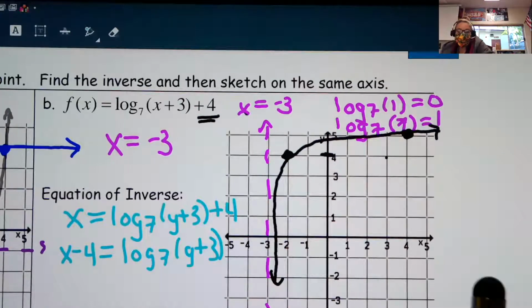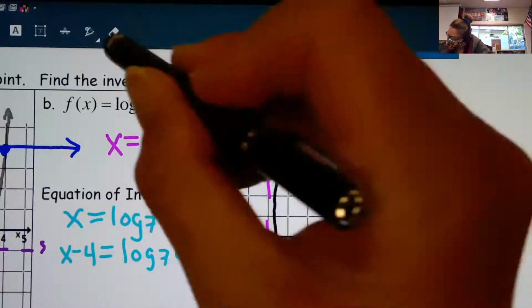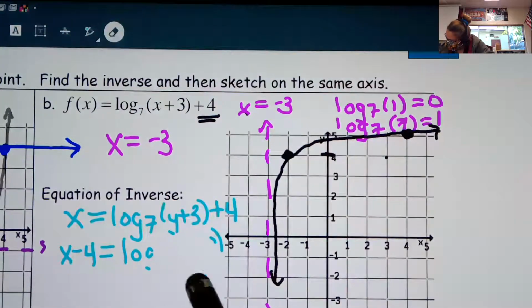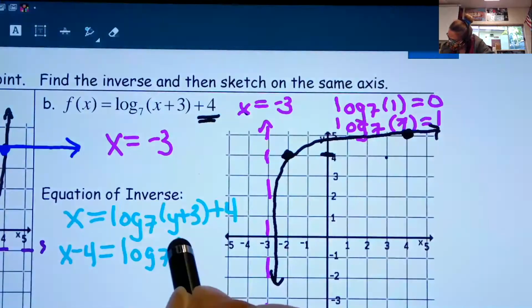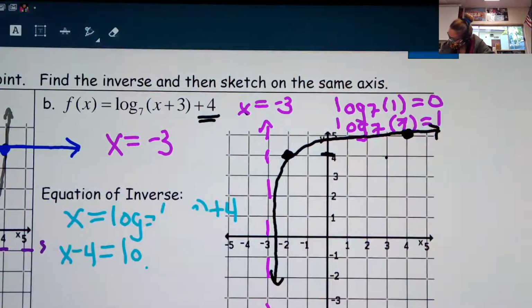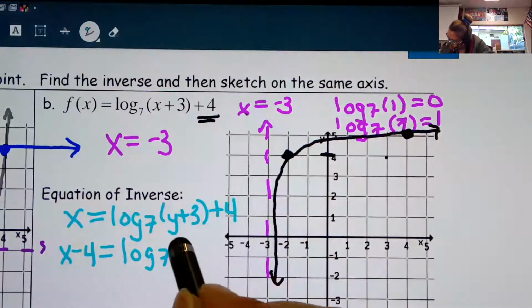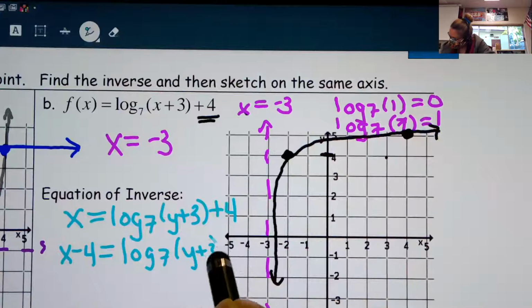Now I am going to make sure that this looks like a y, log base 7 of y plus 3. Okay, y plus 3. Now I'm going to rewrite this in exponential form.